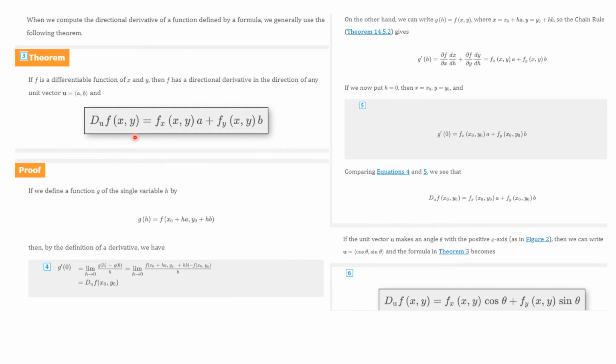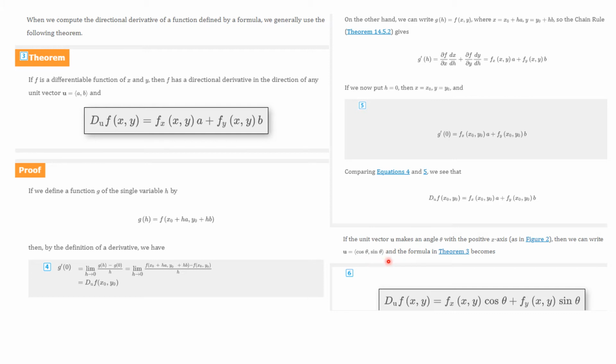Now, you should note that this could be viewed as taking the dot product with the vector u, which is <a, b>, and in fact we're going to do that later. Anyway, this is the formula that we use. Now, if the unit vector is making an angle of theta with the positive x-axis, and we saw pictures of this earlier, then we know that the unit vector is <cosine theta, sine theta>.